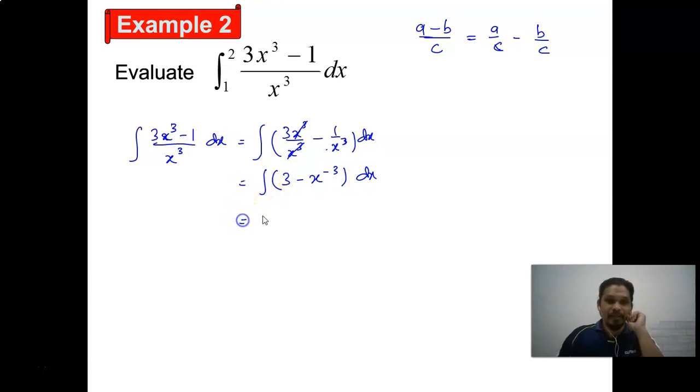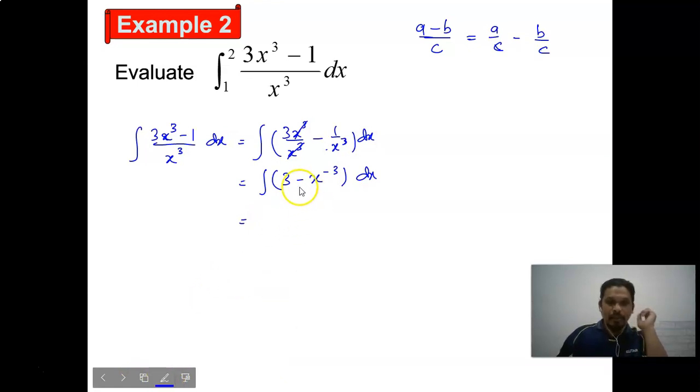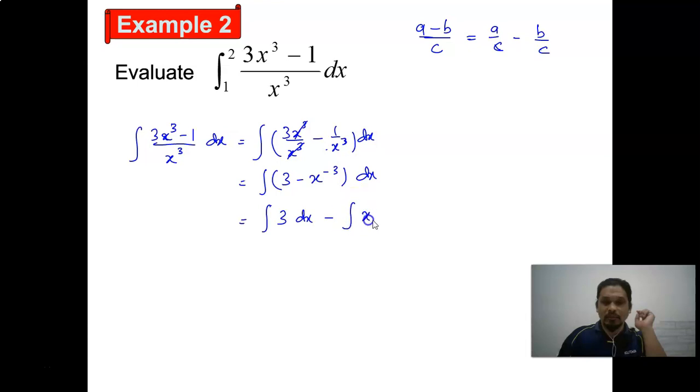We simplify between these two, and get 3 minus x to the power of negative 3. So to integrate this, let me separate this into two parts still: the integral of 3 dx minus the integral of x to the negative 3 dx.